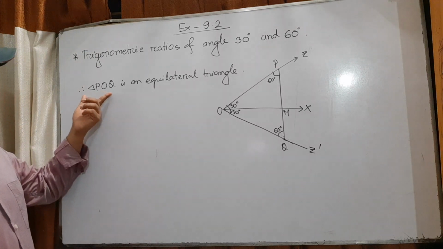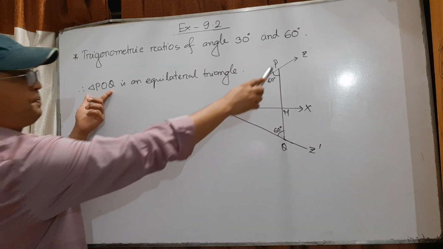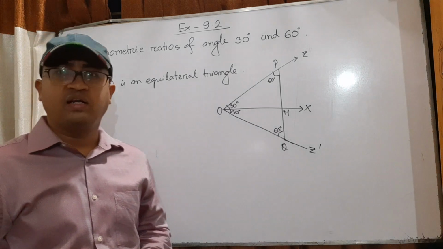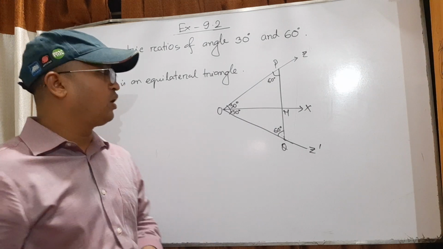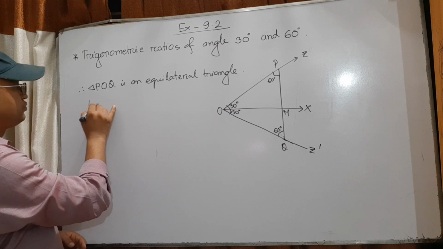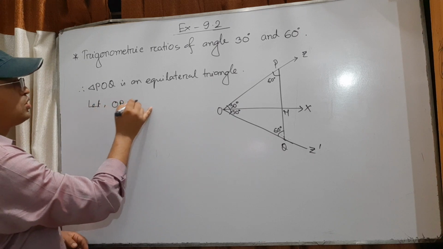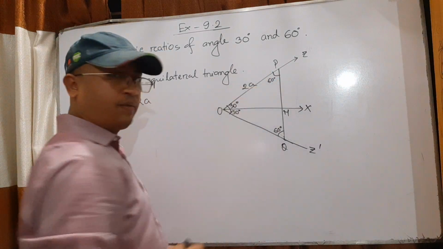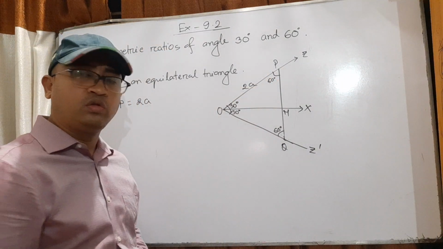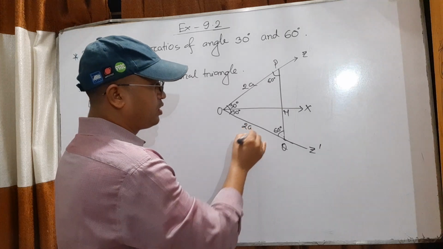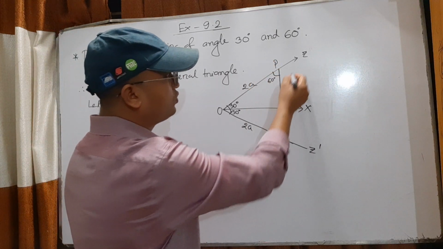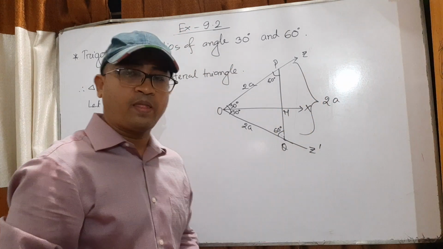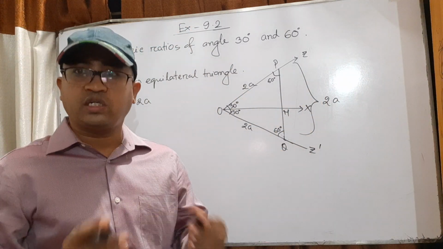So triangle POQ is an equilateral triangle. That means all sides are equal. Let OP equal 2A. So what will OQ be? This is also 2A. And PQ is also 2A, because all sides are equal.